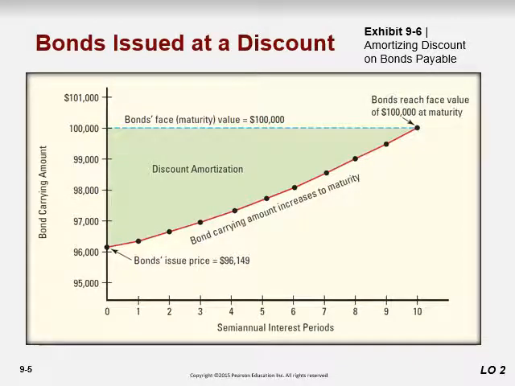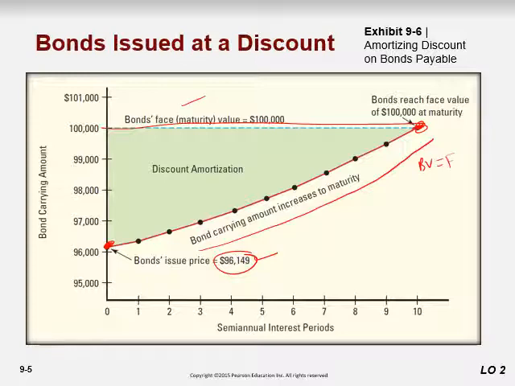So this is the relationship between the bond value and the face value. You see, at the start the bond value was 96,149, and it started increasing until it reached here. Then bond value will be equal to face value or maturity value at the end of the 5 year maturity period.